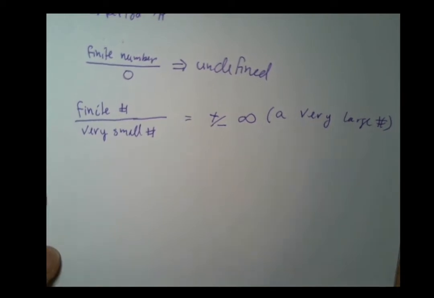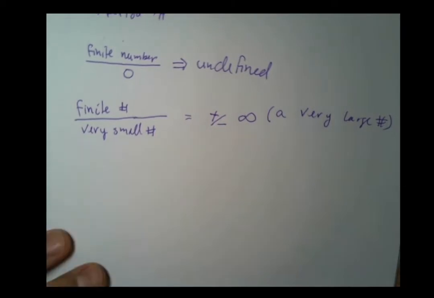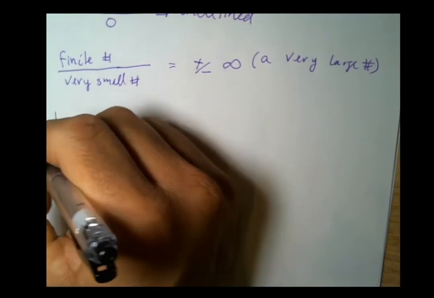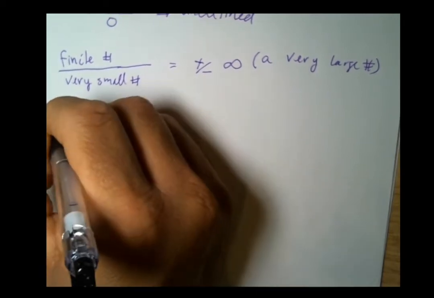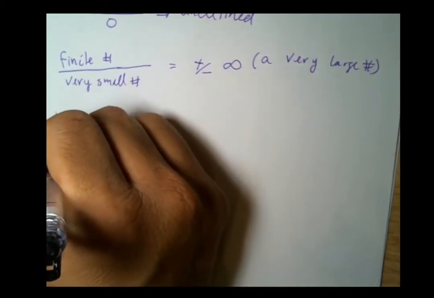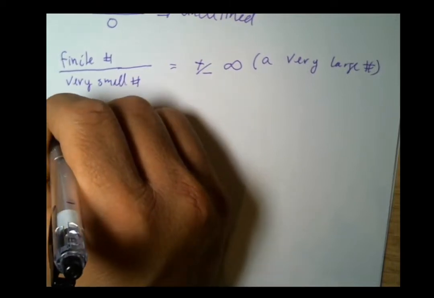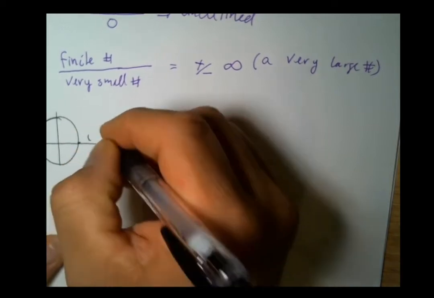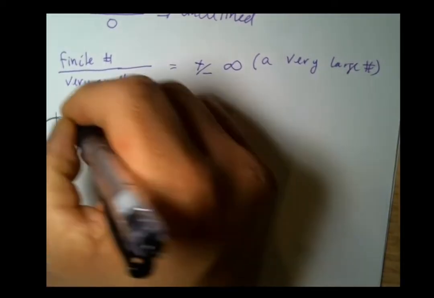All right, so again, we'll start off here with our unit circle. I'll just draw here. And I'm going to draw our quadrantal points. So this point is 1, 0.